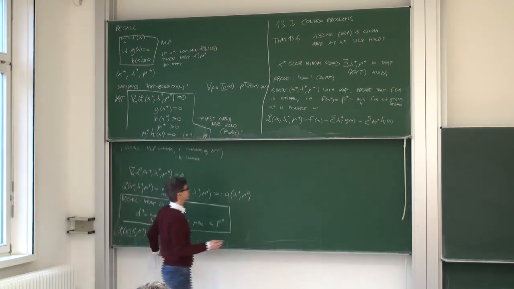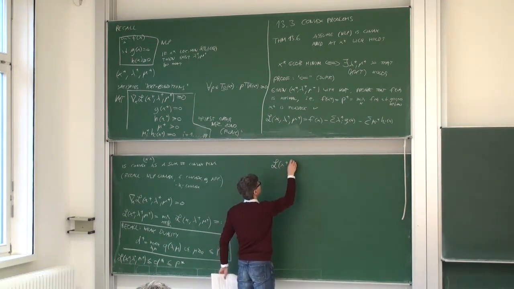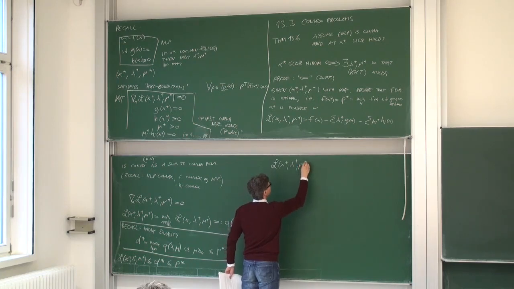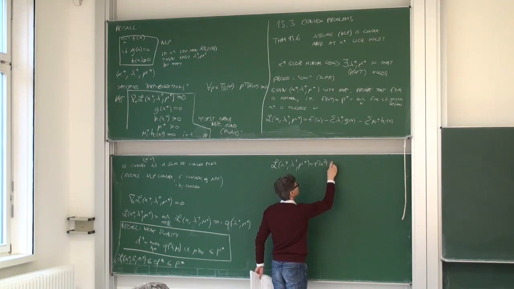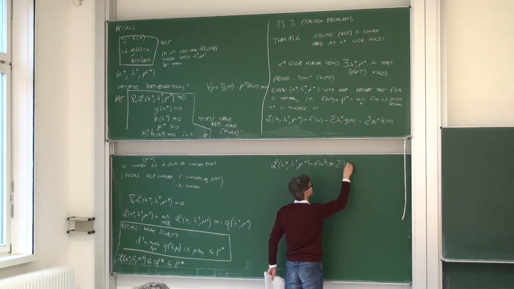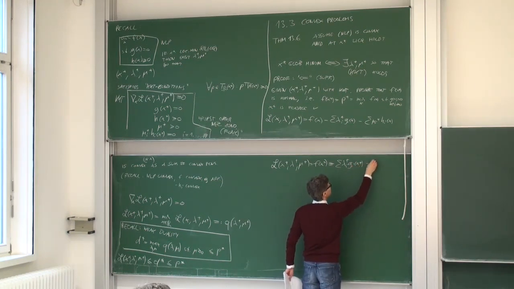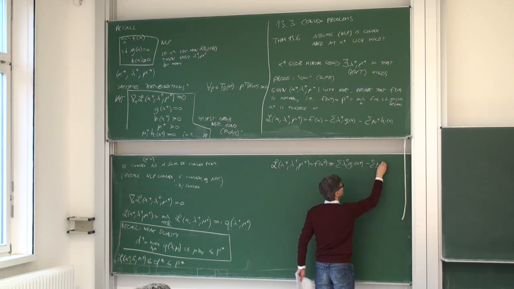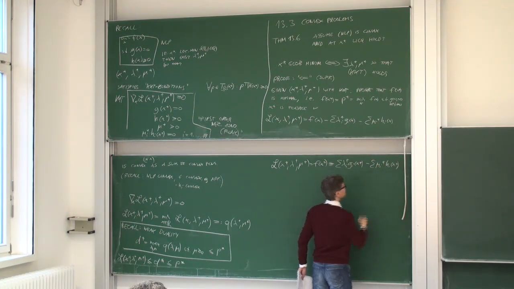we have basically proven it already, because what is this thing, the Lagrangian of x star, lambda star, mu star? It is actually f of x star plus the sum of lambda star i g i of x star minus the sum of mu i star h i of x star.